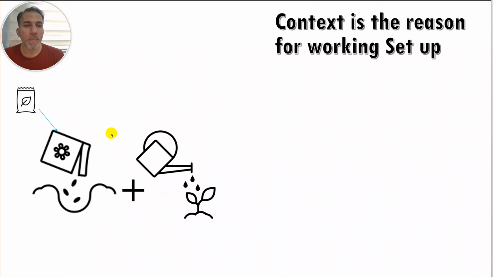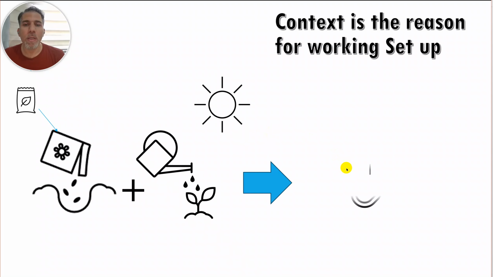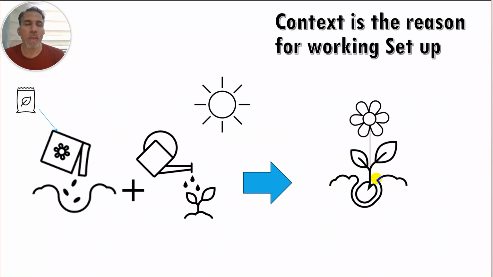We need water, we need sun. If we don't have water, sun, and good soil, having a seed has nothing to do with planting and having a tree or anything. It doesn't make sense. So later on, we have this flower.